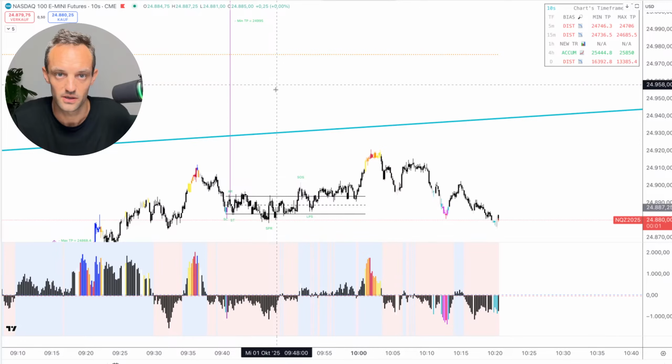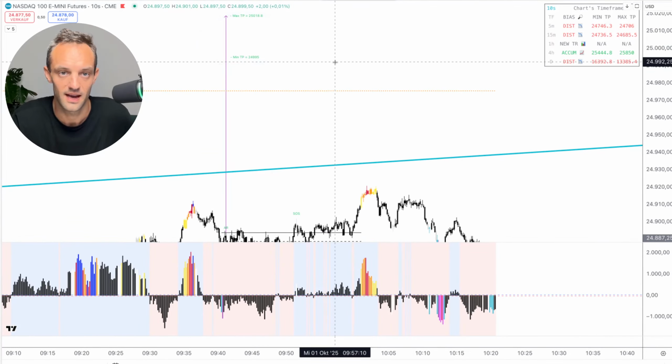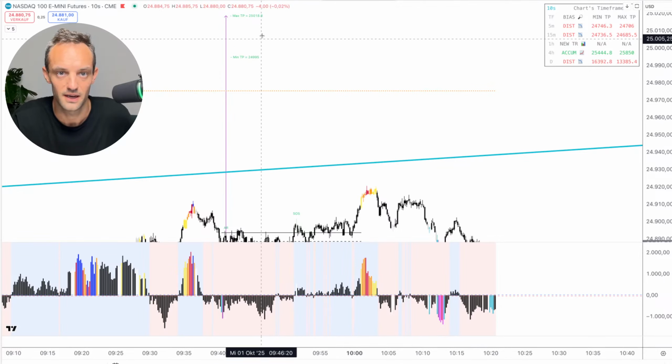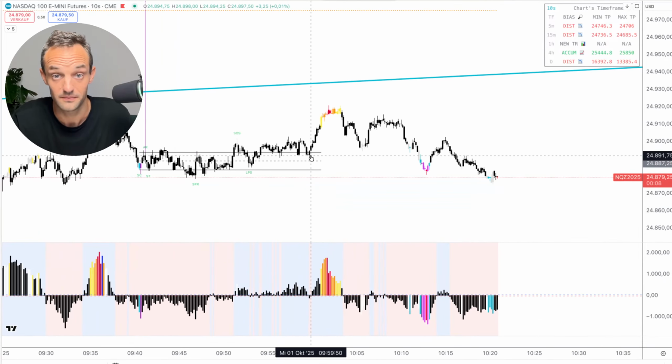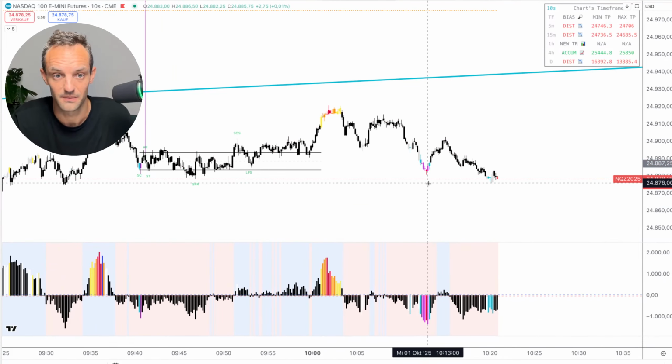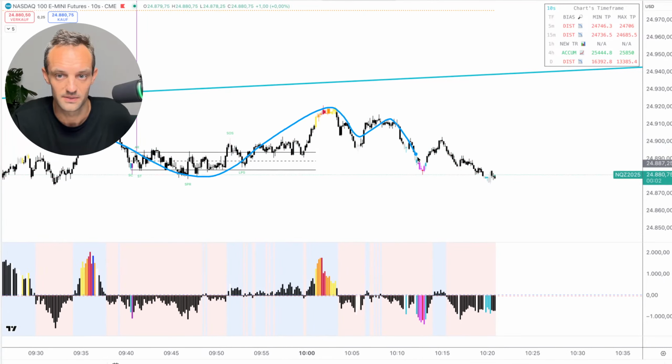Wyckoff Flow Structure, Wabi-Sabi indicator is indicating here target prices of 24,959 or 25,000 at the upside. We will see if the market can make it to this level, but still until now it is pretty choppy.